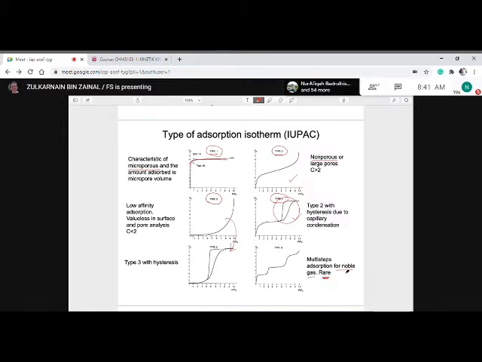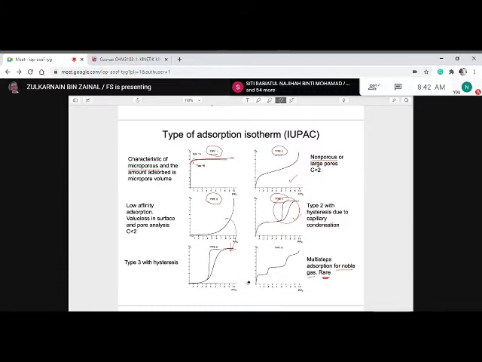You don't normally see this type of adsorption actually, but anyway, it occurs, and then you form a stable pressure, and then after that it increases again, and goes step by step, stage by stage, until the adsorption finishes. Right. So these are the types of adsorption isotherm that you can get from the BET analysis.